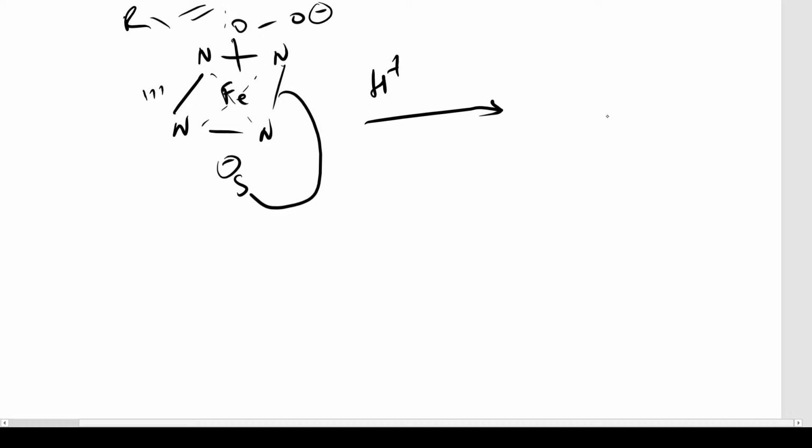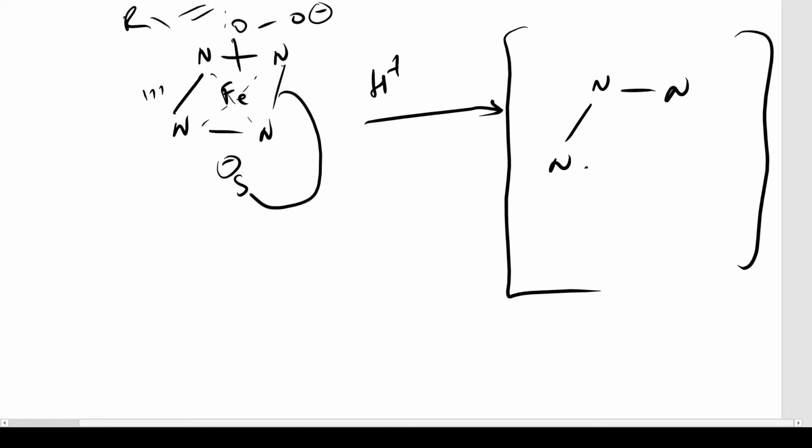You generate a radical, because you need an heteroatom. You need an heteroatom.